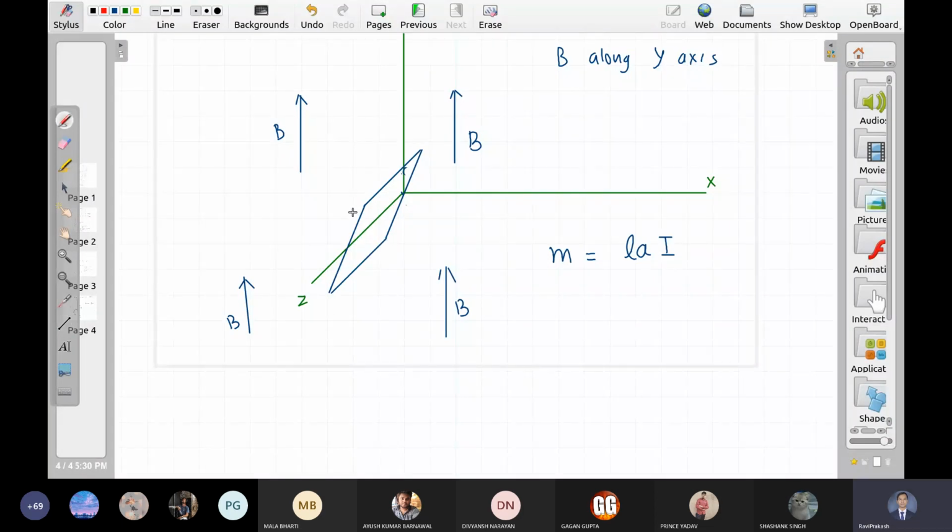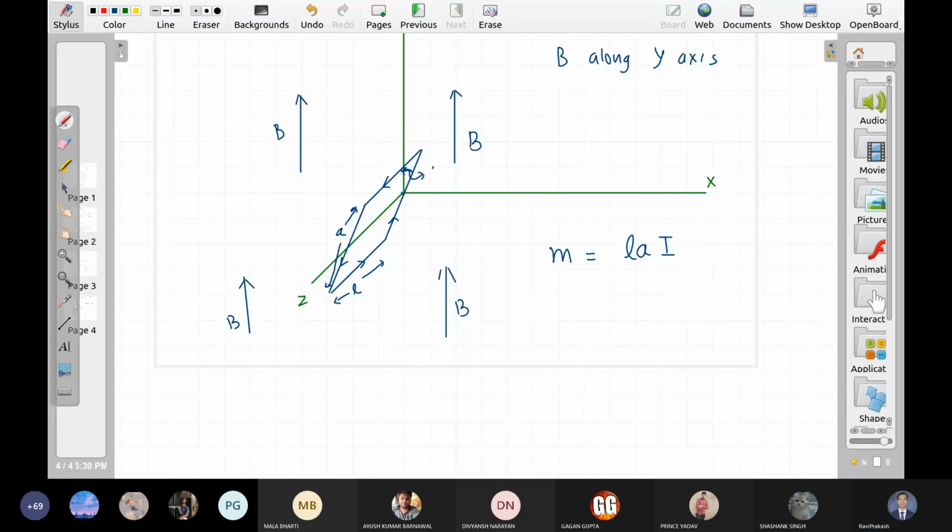So this is A. This is L. And let me say this is the current. So this angle is theta.